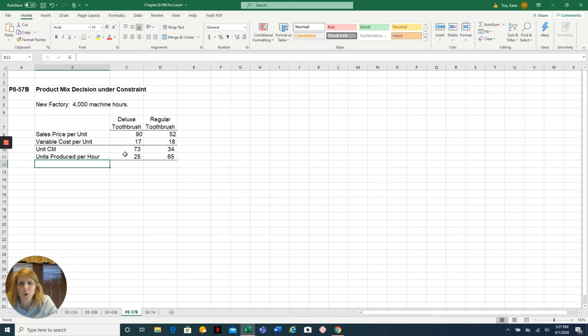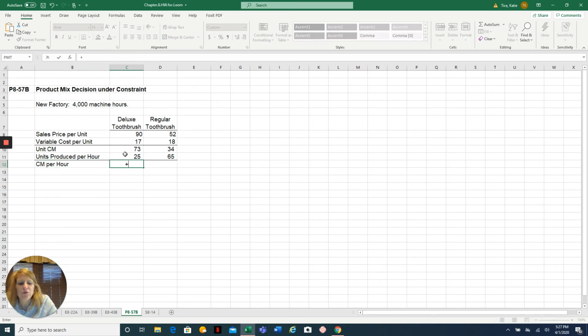So this is an important number that we come down to. This is our contribution margin per unit of constraint. So our contribution margin per hour. If our unit contribution margin for a deluxe toothbrush is $73 and we can produce 25 of those per hour, then our contribution margin per hour is $1,825.